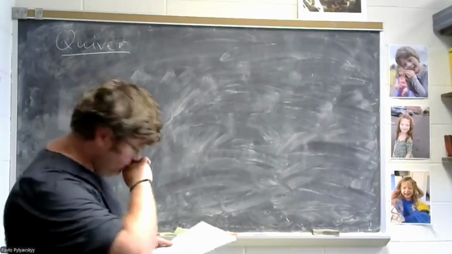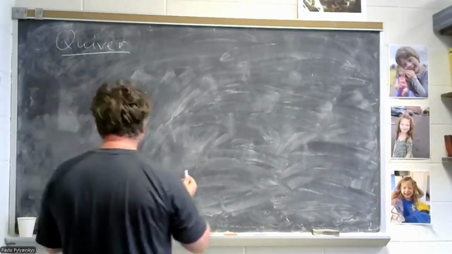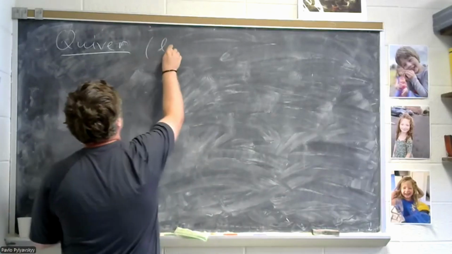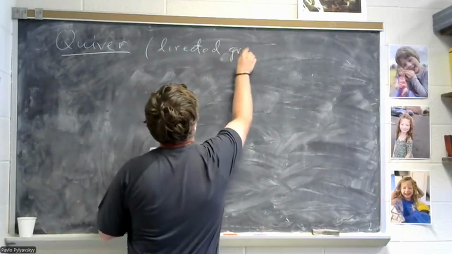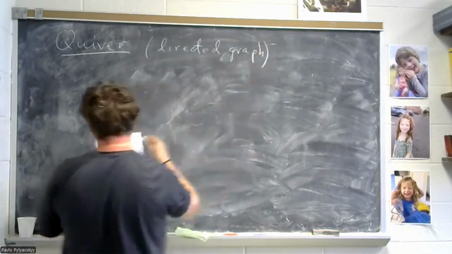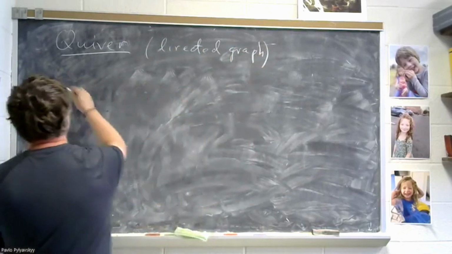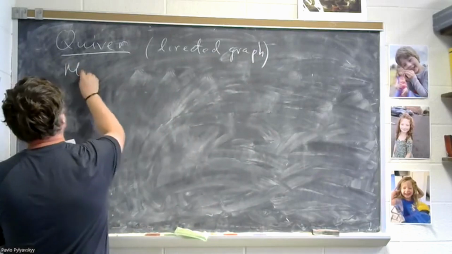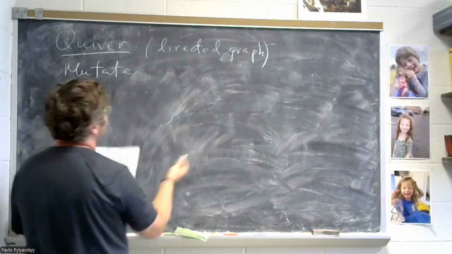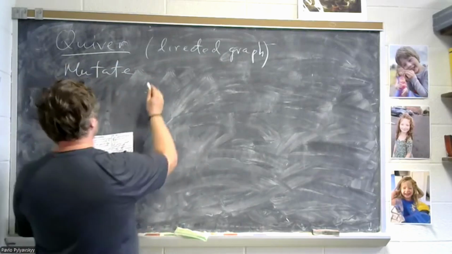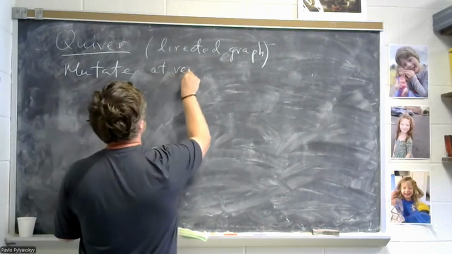Yes. Okay, so we start with a keyword, which is just a fancy word for directed graph. And then when we mutate at the vertex, we can mutate this graph itself, this keyword, at vertex z.